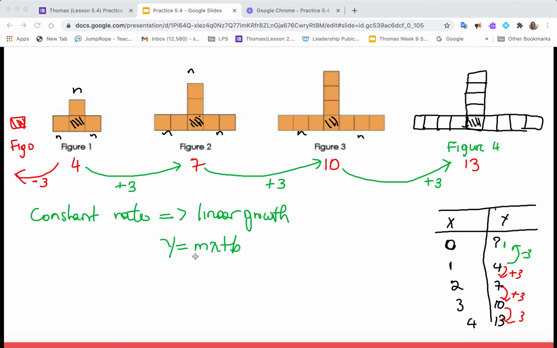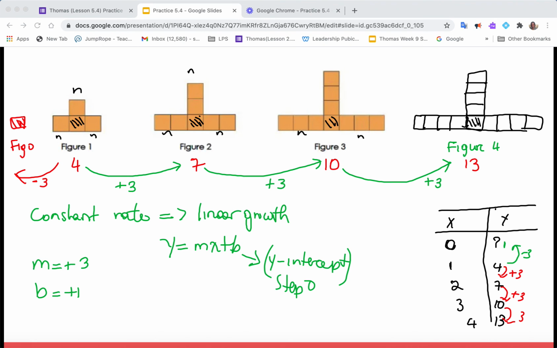We know our m is our rate, so the constant rate, m in this case, is going to be plus 3, and b we just found out is a positive 1, because that's what we're getting in step 0, because b is our y-intercept, and that occurs at step 0.